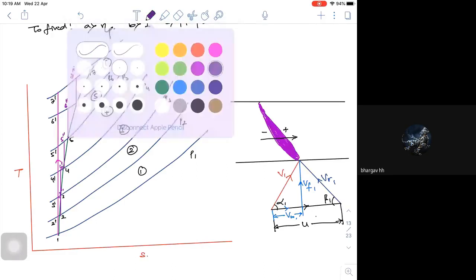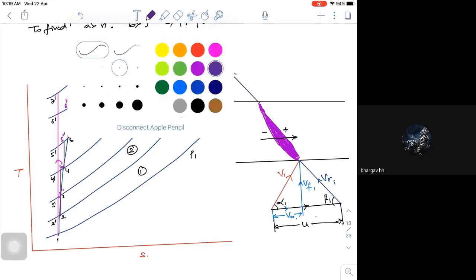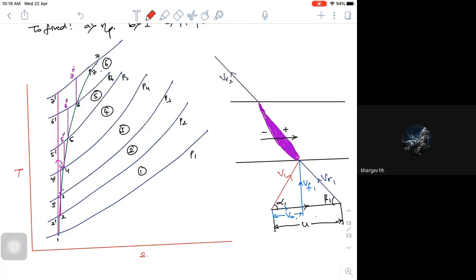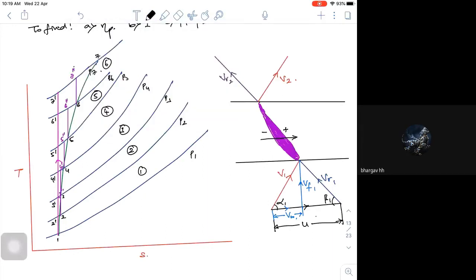This will go in this direction. This will be my corresponding VR2. Then I have my V2. Here you have to be careful that my U's are the same, that is, U1 and U2 are both the same.